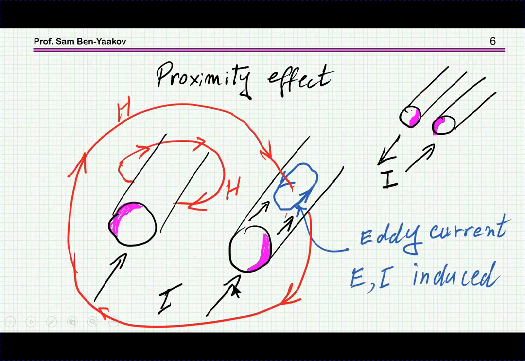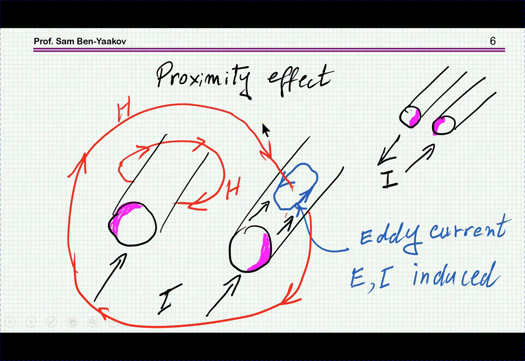Let me clear up a little bit the issue of proximity, which I like to explain in a sort of intuitive way here. If we have two wires, two conductors, and let's say the current is going in here, then looking at the left conductor, we see that the current passing through will generate a magnetic field in this direction.